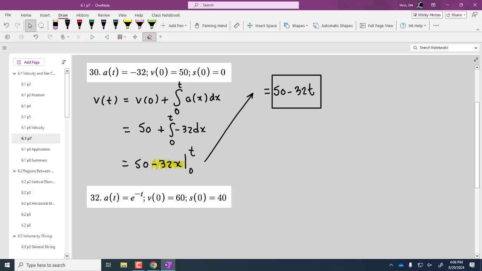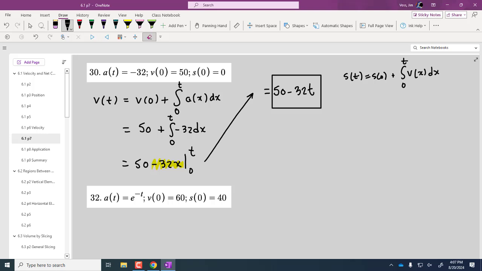Now to get to position from velocity, same thing. We'll do what we did before. So position will be starting position plus displacement. Displacement is the integral of velocity. So same idea. Starting position plus change in position.